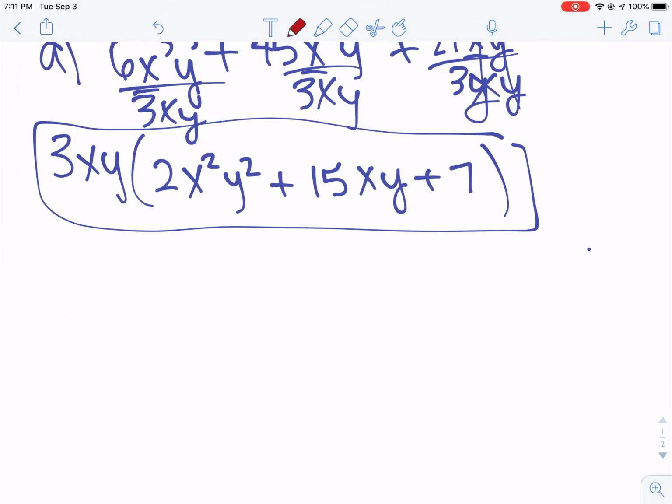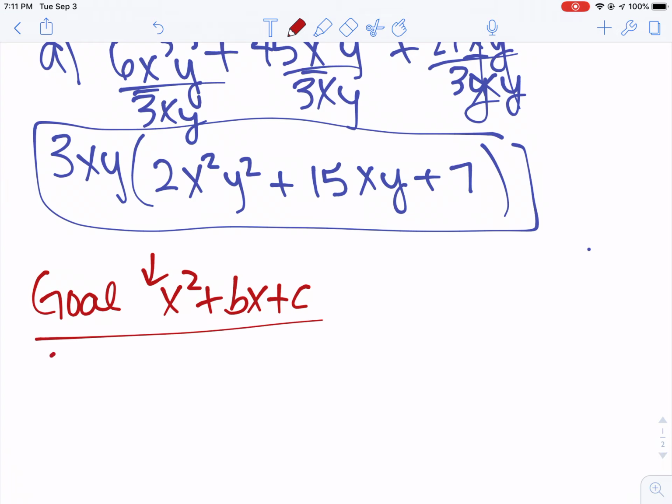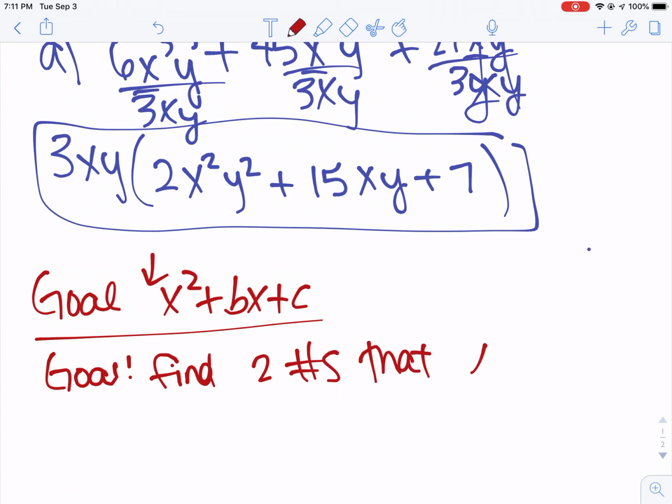Excuse me. So the next method is what I call goal numbers. You guys have probably never heard it called that, but it's x squared plus bx plus c. So it's when you don't have something in front of your x squared. I call it goal numbers because the goal is to find 2 numbers that multiply to the last term but add to the middle term.